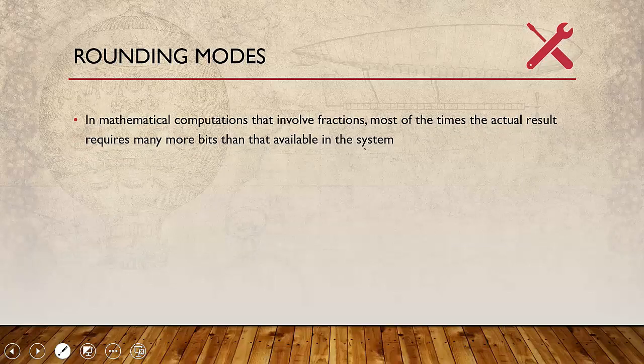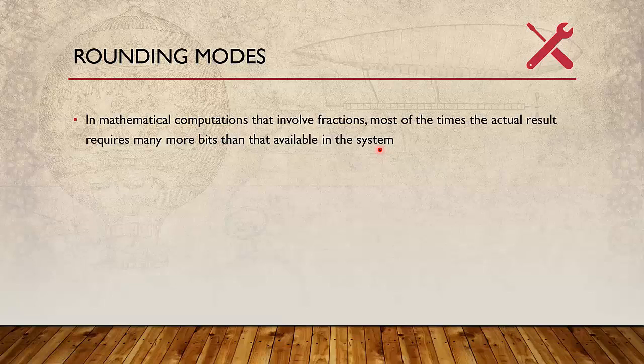So why do we need to do rounding in our calculation? Because in mathematical computations that involve fractions, most of the time the actual result requires many more bits than the one that is available in the system. We don't have to go so far. Let's say we want to calculate 1 divided by 3, which is 0.3333, and so on.